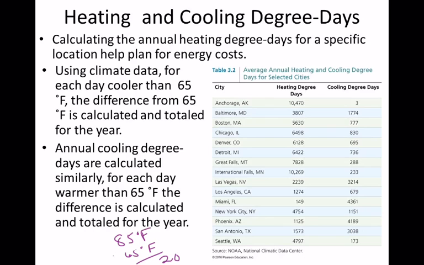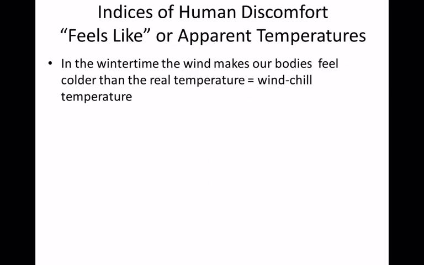And you would do that for each day of the year. So let's compare that now to Anchorage. How much do they need to turn on their AC? Not very much. And let's compare that to Miami. Ha! Take that. So that's kind of how that works.